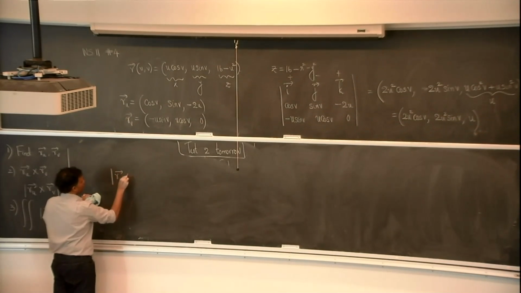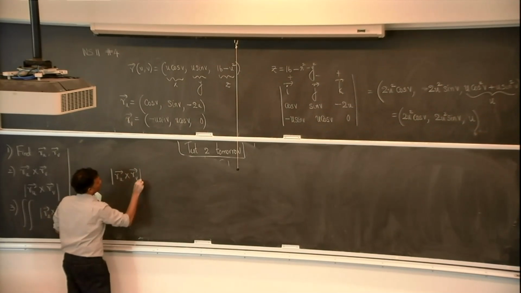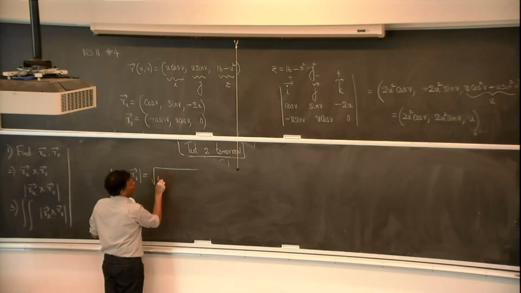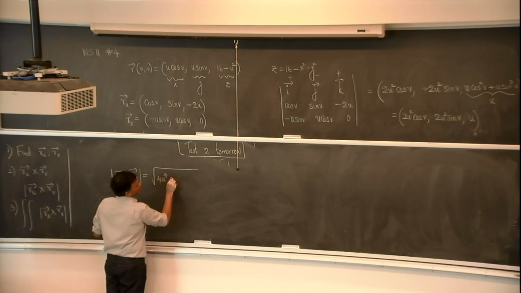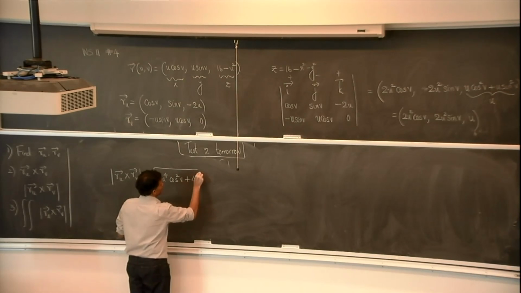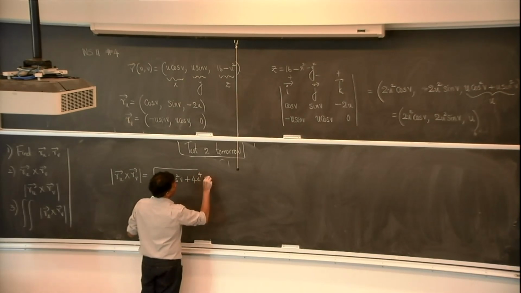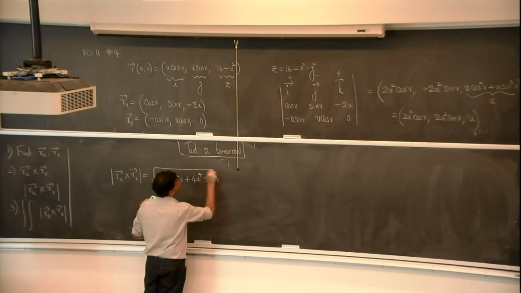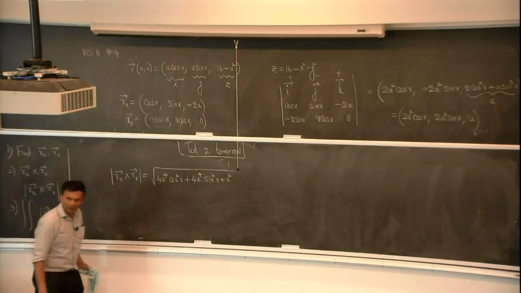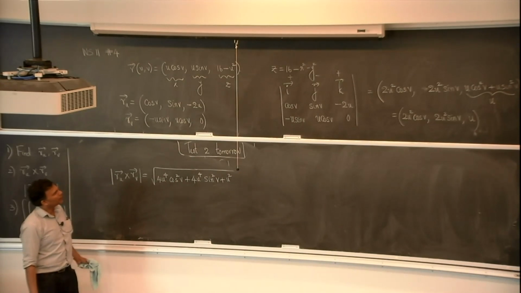Magnitude of RU cross RV is square root of 4u to the 4 cosine square v plus 4u to the 4 sine square v plus u square. You could factor out the u first.